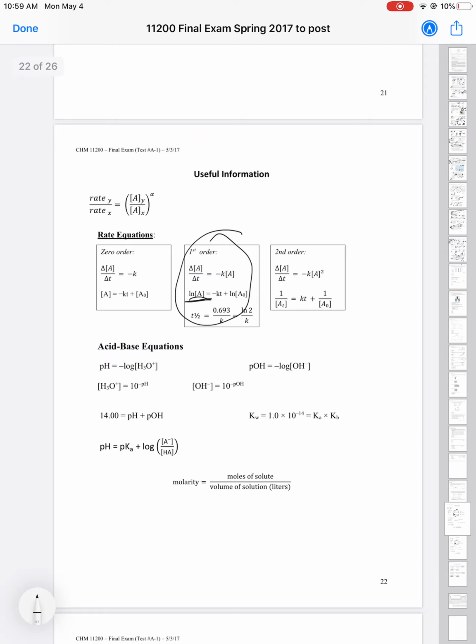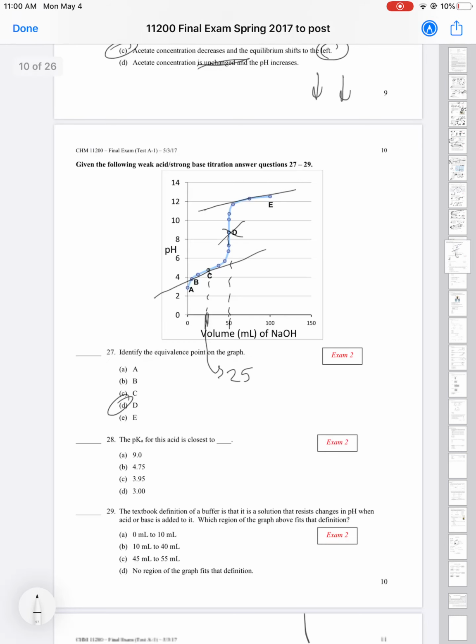Let me go down to our... Yeah, I can't quite remember. But basically at half of the equivalence point, our pH is equal to our pKa. And sorry, I don't quite remember why.